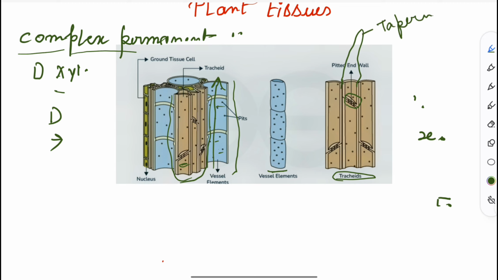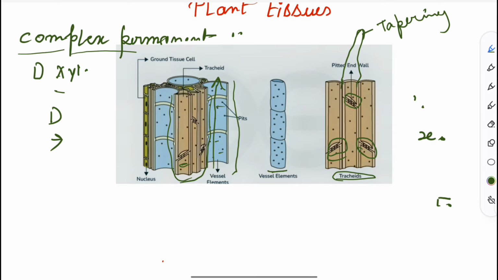Since the tip part is closed, they cannot transfer the water like the vessels do, so they need to transfer the water via these pits. So this was tracheids and trachea.